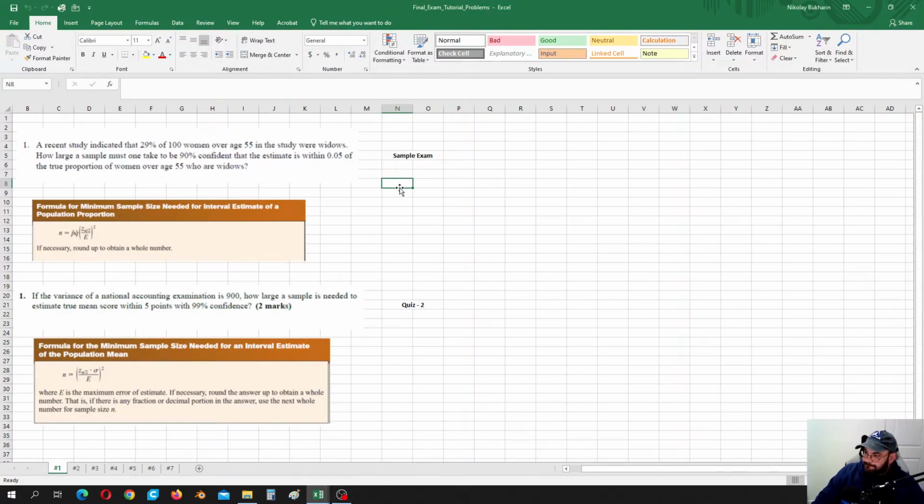Okay, what do we need? So we need P and Q. P is the probability of the success which was observed. 29% of 100 women, so it's our P. It is 0.29. So our Q is equal to 1 minus P. What else do we need? Z alpha over 2. We have confidence of 90%.